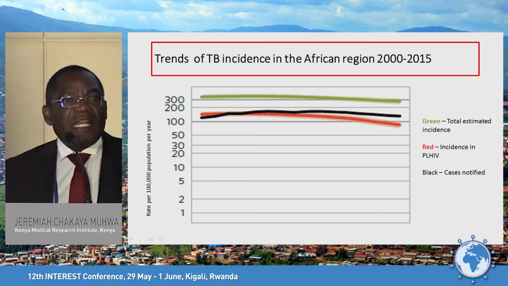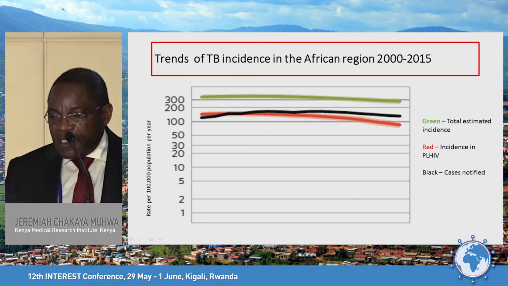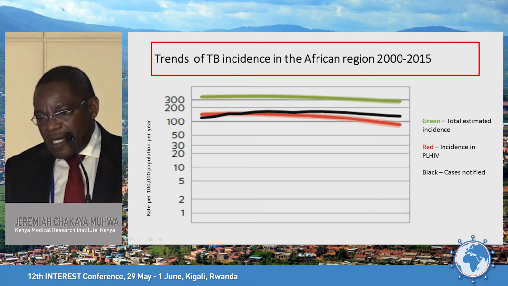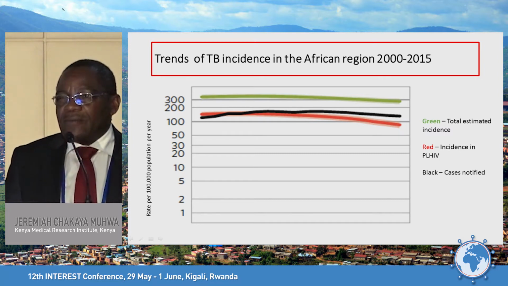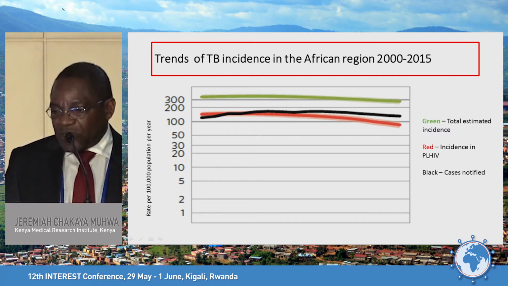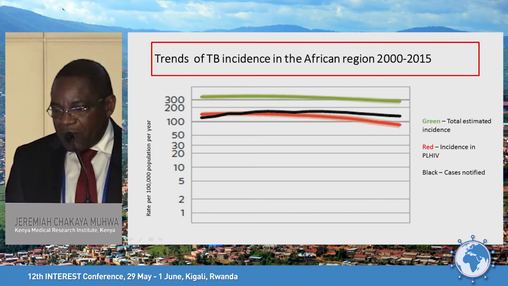We are seeing a slight decline in HIV-associated TB, and we are seeing a very small decline in the incidence of tuberculosis since about 2006 or so. A very slight decline in the incidence of TB on a year-by-year basis.